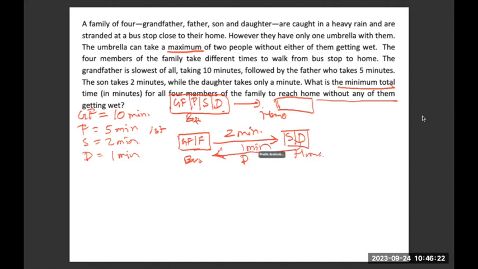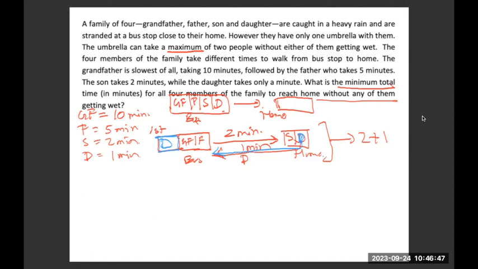So in this iteration, 2 plus 1. The daughter will come back to the bus stop in 1 minute. So 2 plus 1.